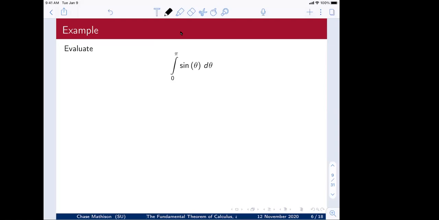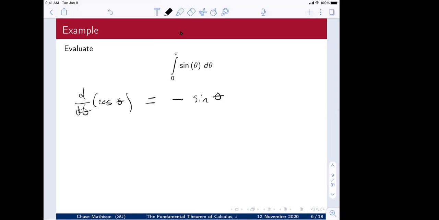Cosine theta. Let's check and see. We want to check and see, does the derivative with respect to theta of cosine of theta equal sine of theta? Cosine of theta starts with a c, so that gets a negative sine of theta, right?